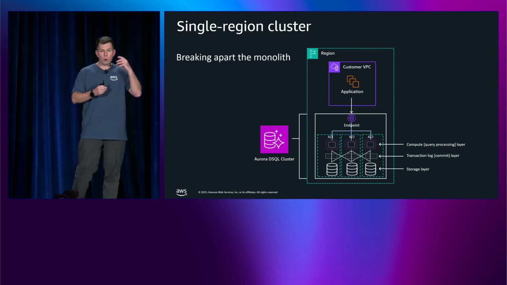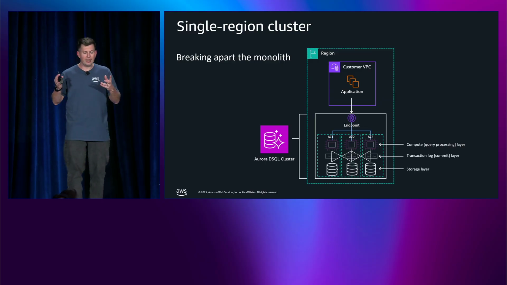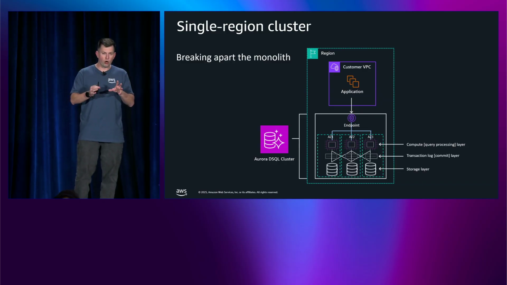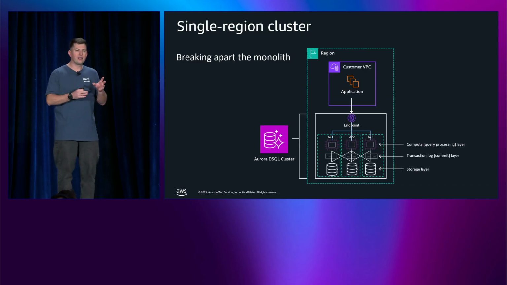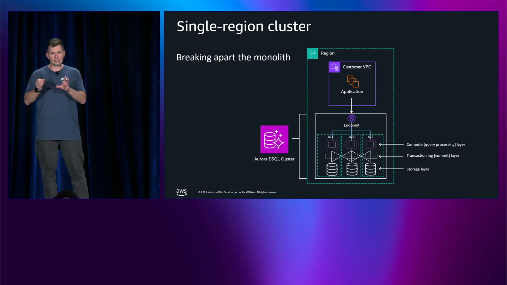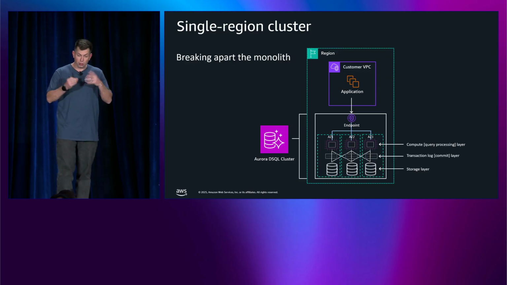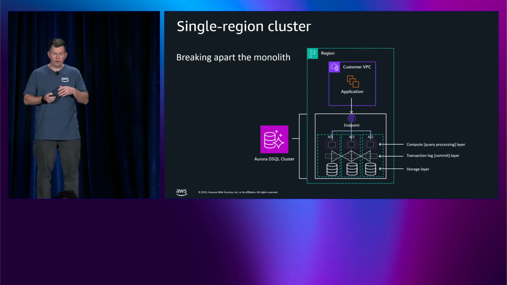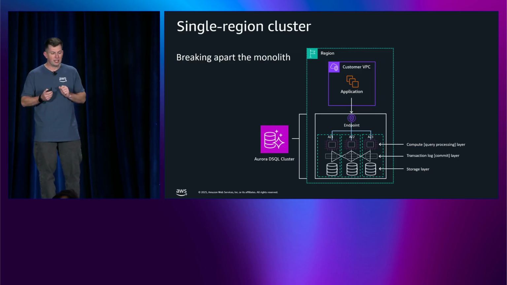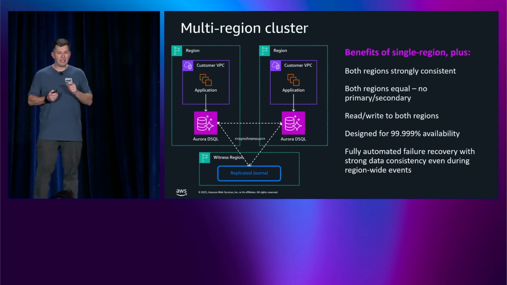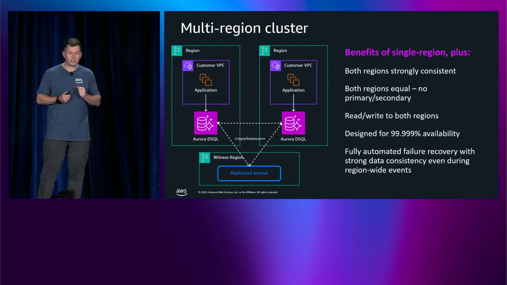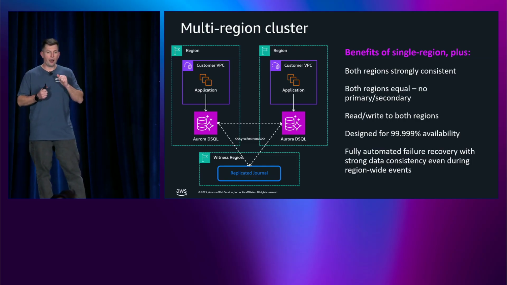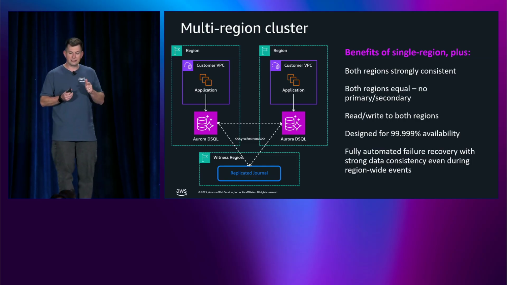You get one endpoint for both reads and writes, so that means that your reads and writes are always local, and the only thing traveling across AZs is the transaction commit. And also, as I said, you're getting 4 nines of availability with the single region. At the same time, with a multi-region cluster, you are getting 5 nines of availability and multi-region consistent writes.